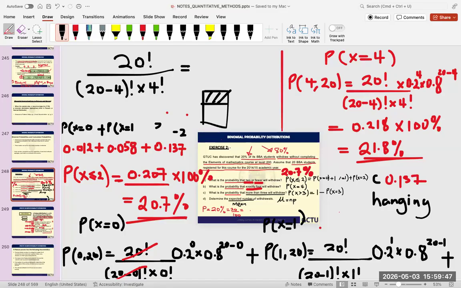And then drop down. Then 20 minus 4 is 16. So type 16 factorial. Then multiplied by 4 factorial. Then bring the cursor to the middle and press equal to.